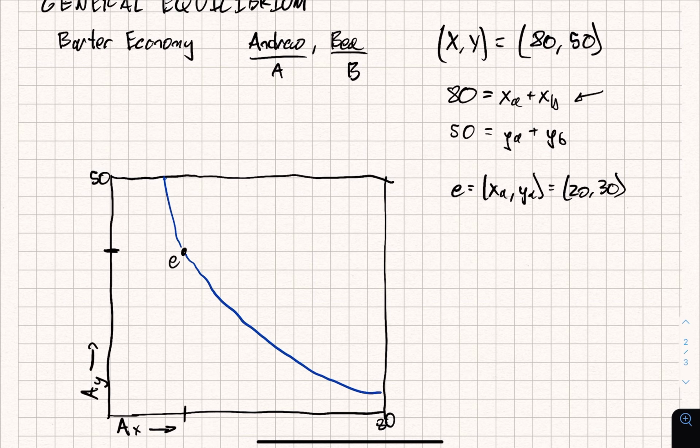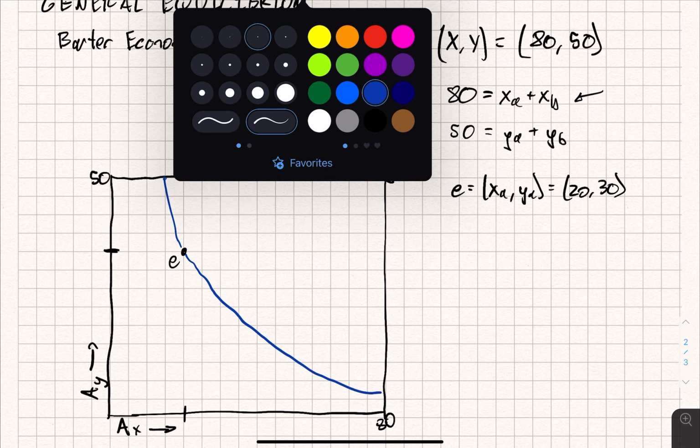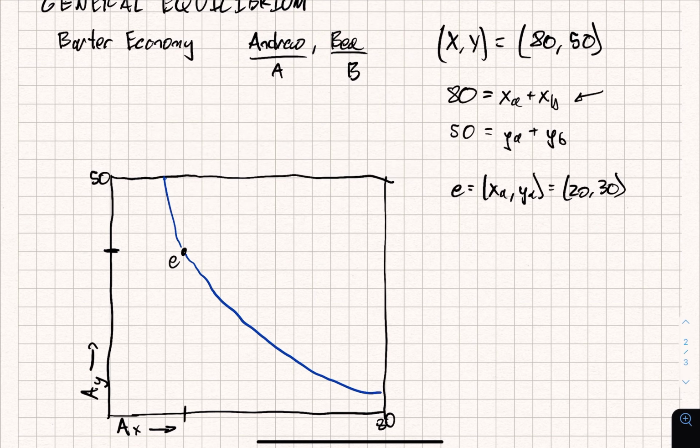Now, the second part of the setup relates to Bea. So implicit in this allocation E is Bea's side. Another way of defining this is from Bea's perspective.